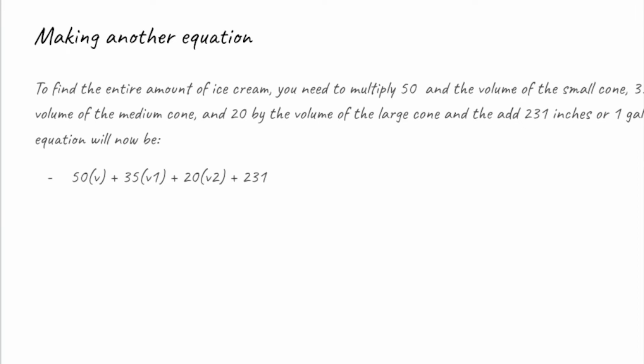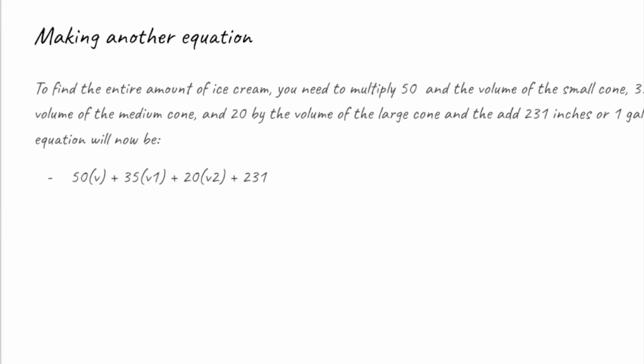Okay, so next you have to make another equation. Since you know that your Dairy Queen sells about 50 small cones, 35 medium cones, and 20 large cones, you have to add 1 gallon or 231 inches. And you have to multiply 50 and the volume of the small cone, 35 by the volume of the medium cone, and 20 by the volume of the large cone.